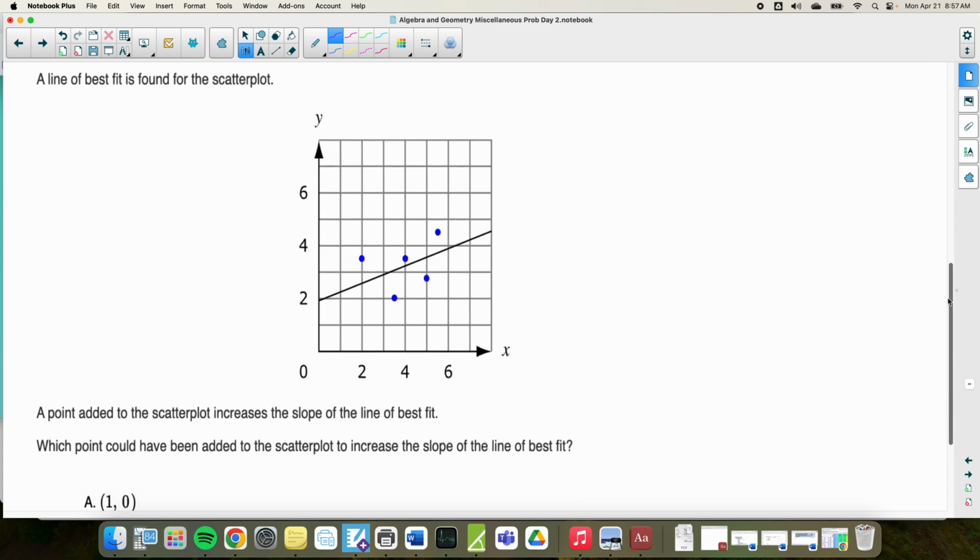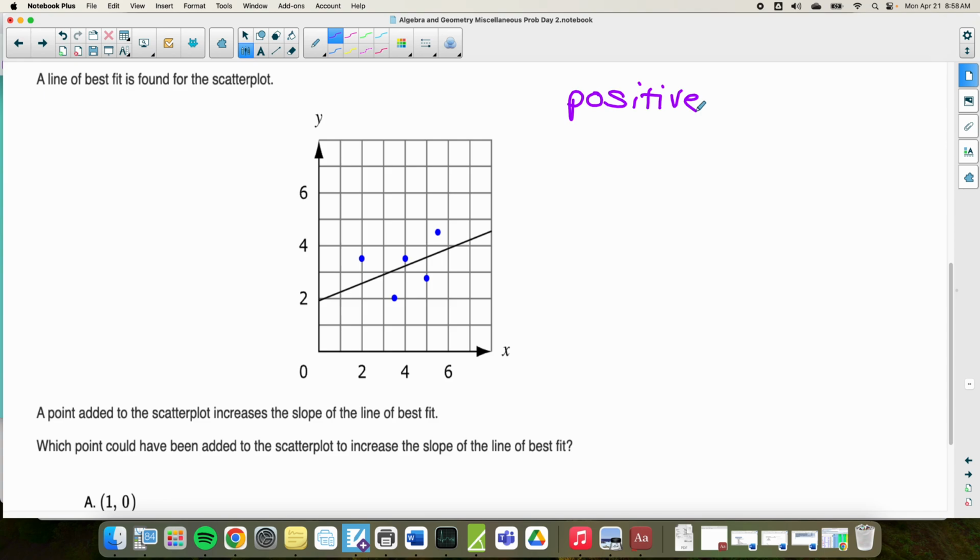So you could see something where you have points and they have a scatter plot, okay? And one thing they could ask you is what kind of correlation does it have? So if your points are like this and your scatter plot goes up, that is called a positive correlation.